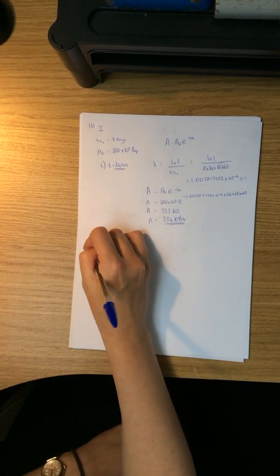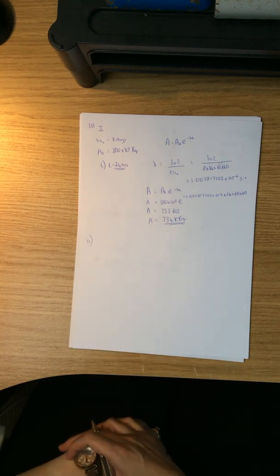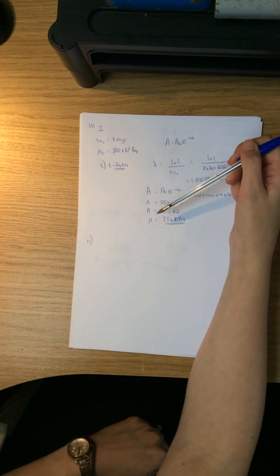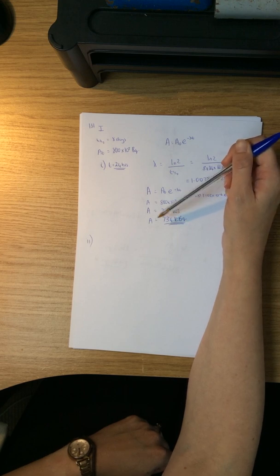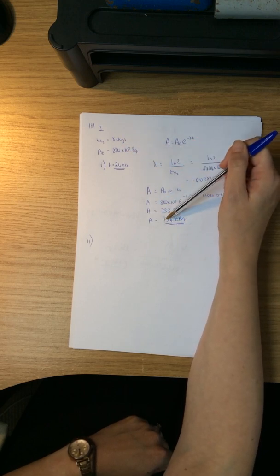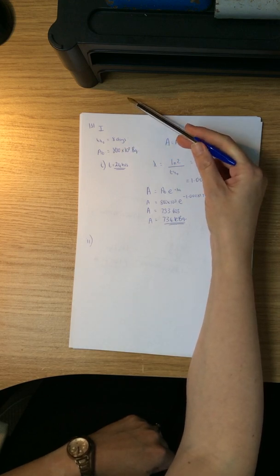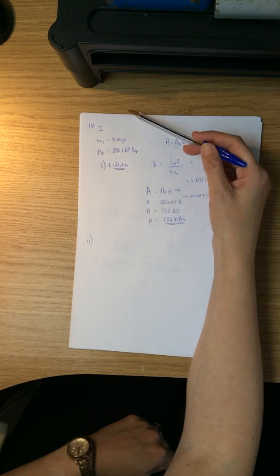Part 2 then asks, well, 24 hours before that, what was the activity of the sample? Now, because the sample has reduced by this much, the difference between 800 and 734 in 24 hours, over the 24 hours before this, it would have decreased the same amount.